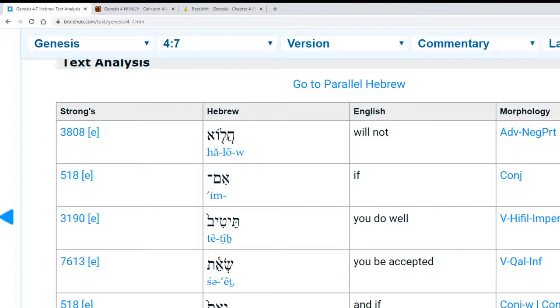We'll see it there. So the hey here is turning this into an interrogatory, and this is one of the very rare times that the word lo, not, is written bemilui, fully with the vav in the middle. Oftentimes the vav isn't there, right?